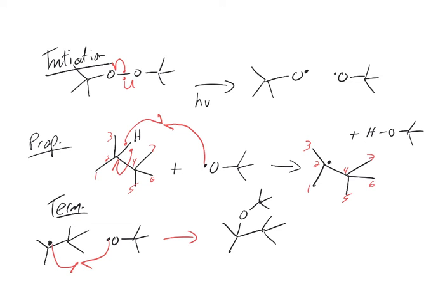There's a good question I just got about ranking the stability of these things. When you're doing these steps, the O dot, an oxygen that doesn't have a full octet, is more reactive than the carbon that doesn't have a full octet.